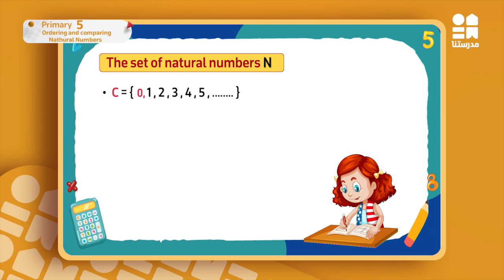So if I have a 0, then the counting numbers, or C, is turned into N, or the set of natural numbers. The set of counting numbers is the set of elements 1, 2, 3, 4, 5, 6, 7, 8, and so on, while the set of natural numbers is the same. I will add only a 0 to it.